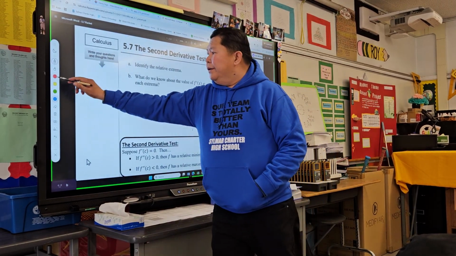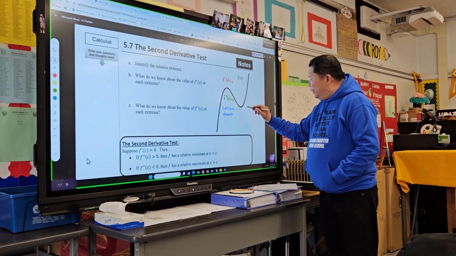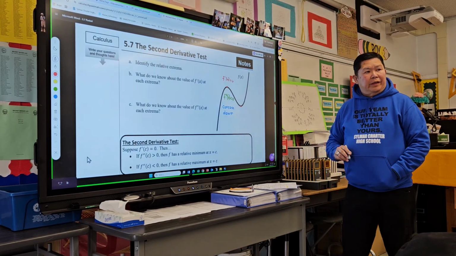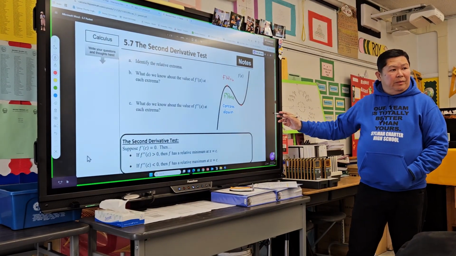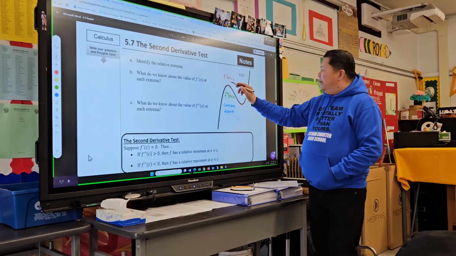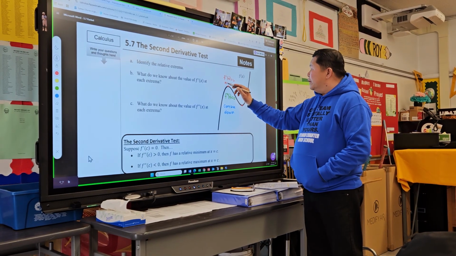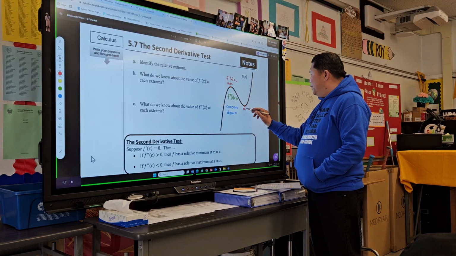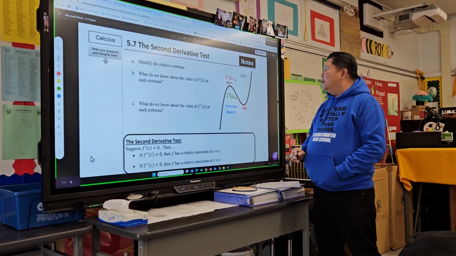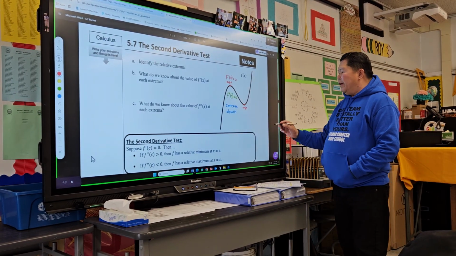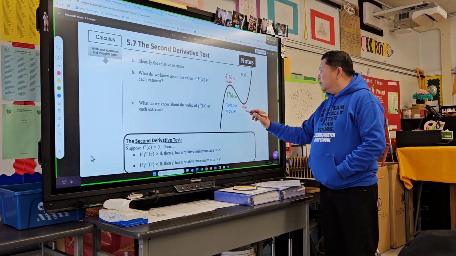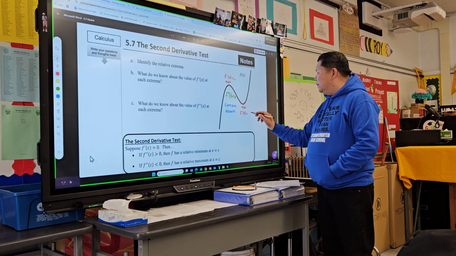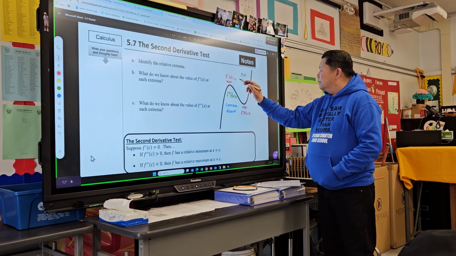Now on the other hand, with this particular extrema, this is minimum, right? Again, right here, this is relative max, while here is relative min, where f prime of x is equal to 0.